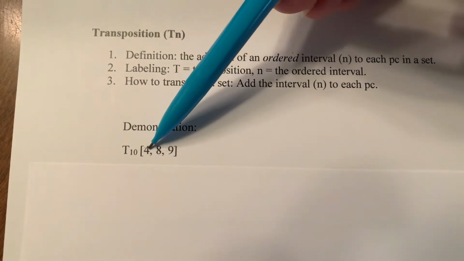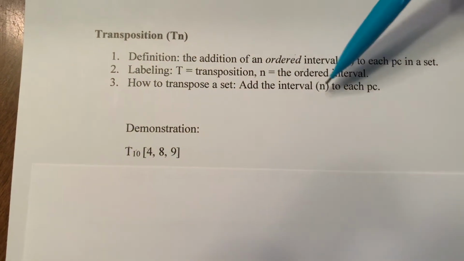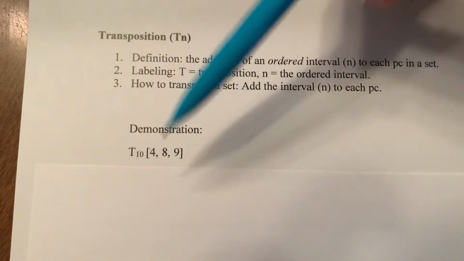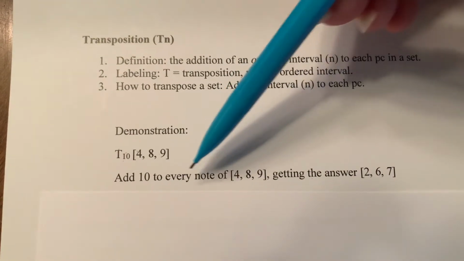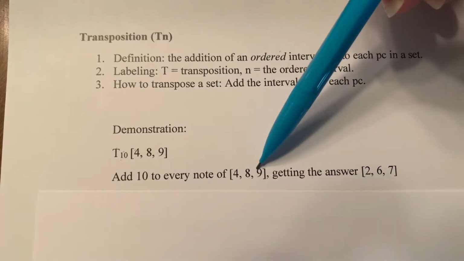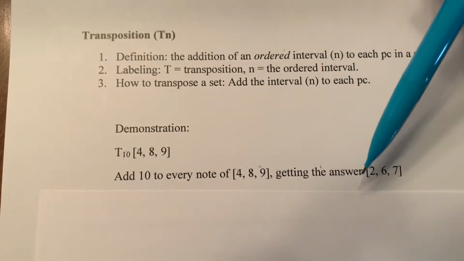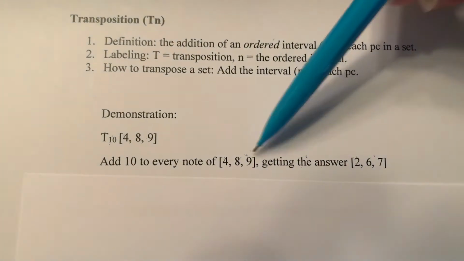So if I take set 4, 8, 9 and I ask you to do T10, all you do is add 10 to each number in the original set. So you're going to add 10 to every note of 4, 8, 9, and that will get you the answer 2, because 4 plus 10 would be 2 mod 12, 6, and 9.